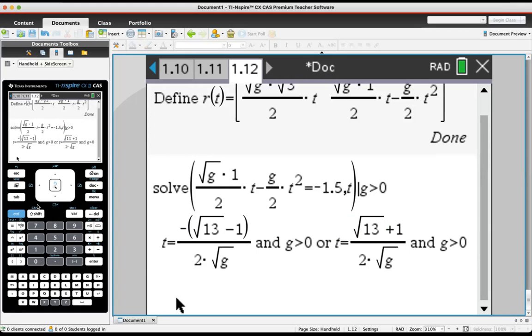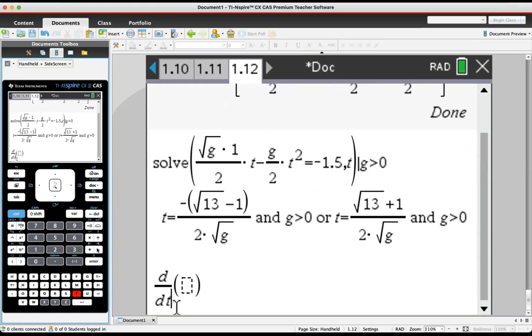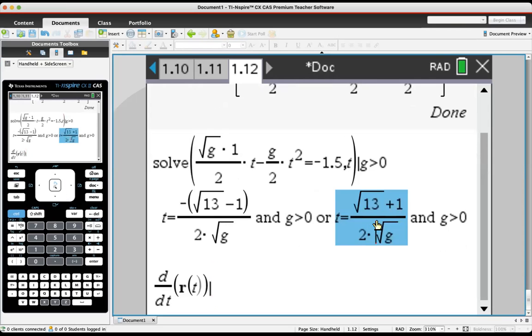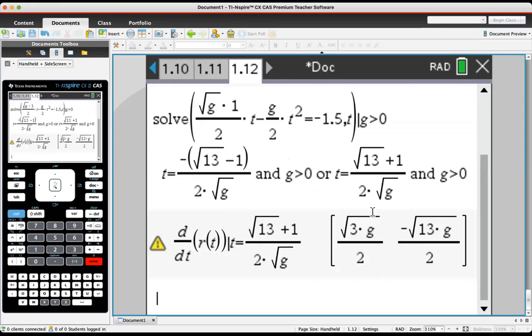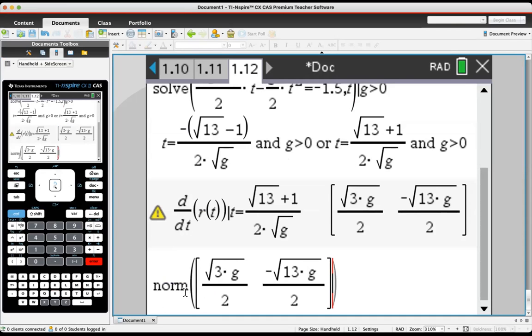And then we take the derivative of the position vector to get the velocity. All right, so you should get the velocity like this. Notice that the vertical component is negative, okay? And then we take the magnitude of this velocity when the object is hitting the ground.